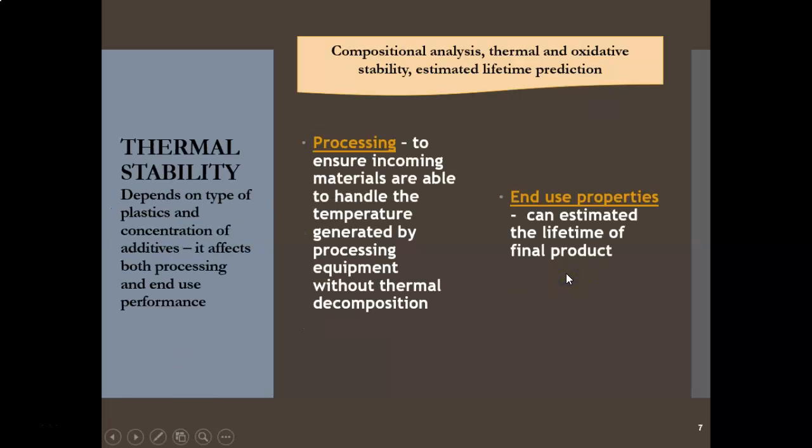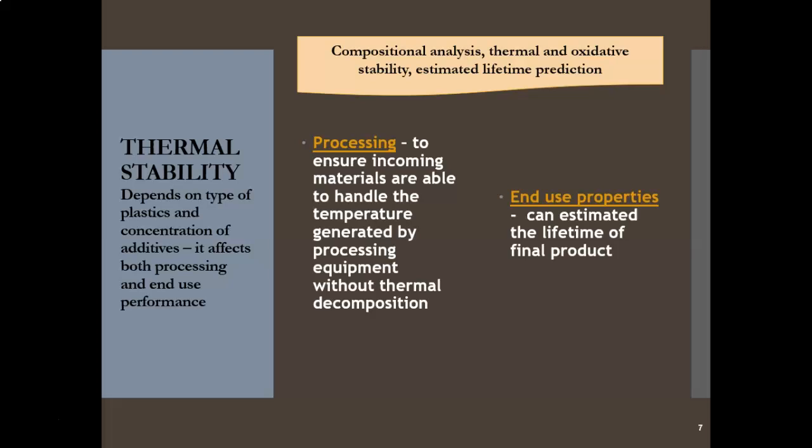The thermal stability of the material depends on the type of plastic and the concentration of the additive. So it will affect both processing and end-use performance. Compositional analysis and thermal and oxidative stability help estimate lifetime prediction. First, in processing, we want to ensure the incoming material is able to handle the temperature generated by processing equipment without thermal decomposition.